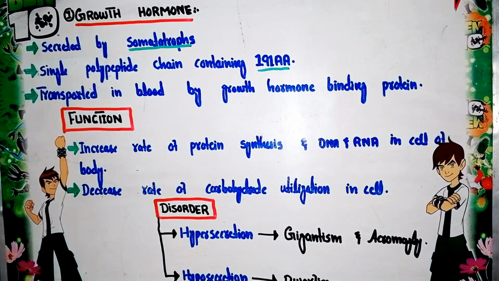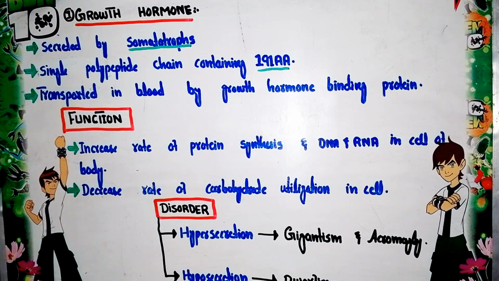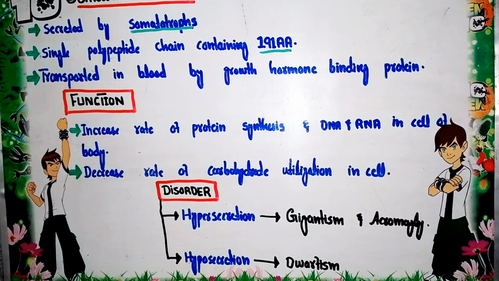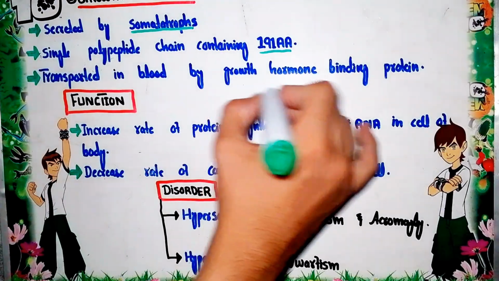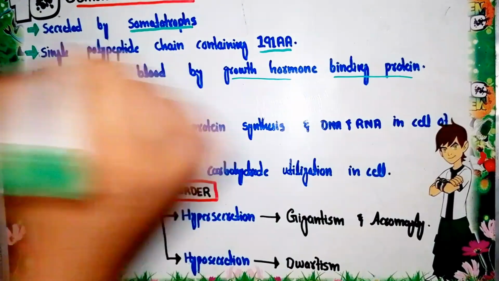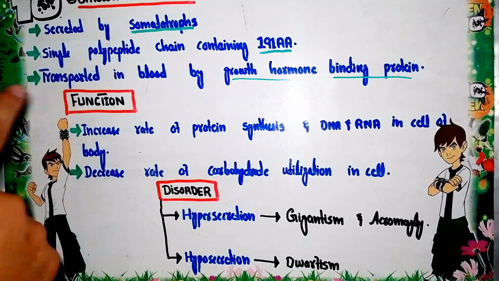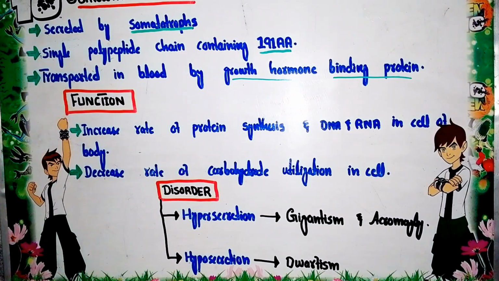When it is secreted by the somatotroph cells of the anterior pituitary and comes into the blood circulation, it is transported to the target cells by specific proteins that we call growth hormone binding proteins.